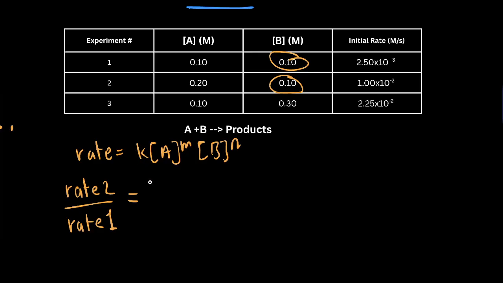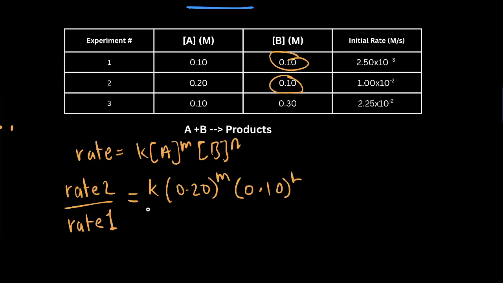So the rate law for experiment 2 is k times 0.2 to the m times 0.1 to the n.